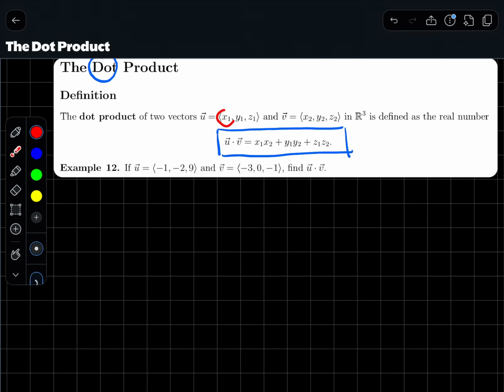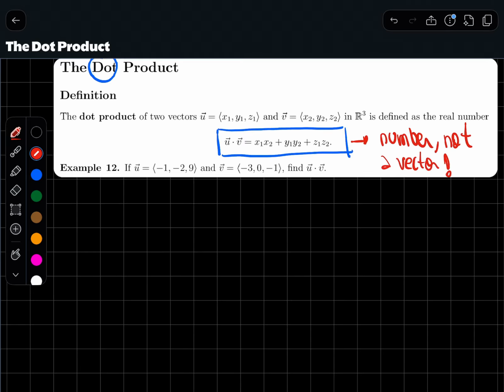What you do is you multiply x1 with x2, and you add that to the multiplication of y1 and y2, and add that to the multiplication of z1 and z2, right? So multiply the x's, multiply the y's, multiply the z's, add those three. So unlike what happens with vectors, this is going to be a number, right? It's not a vector.